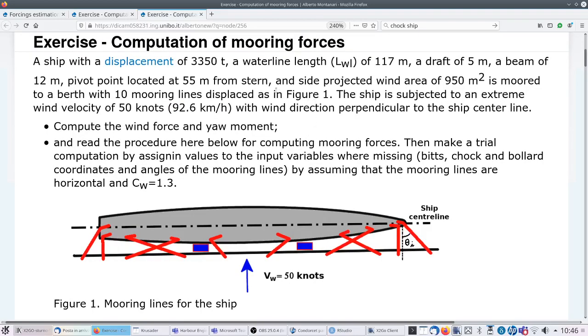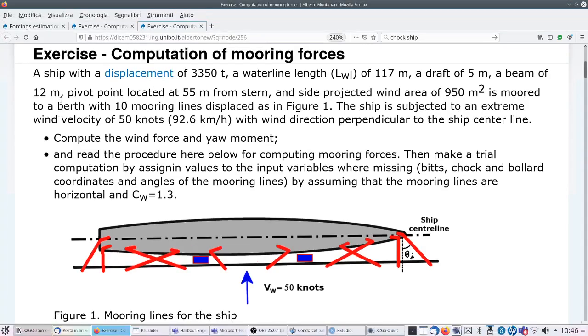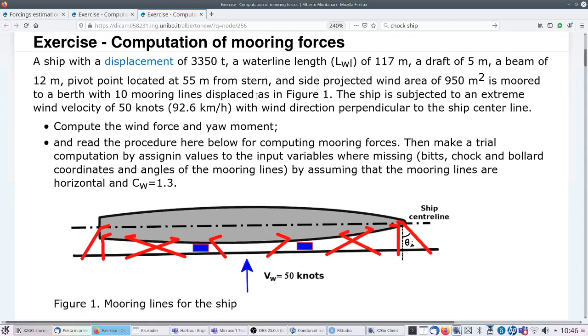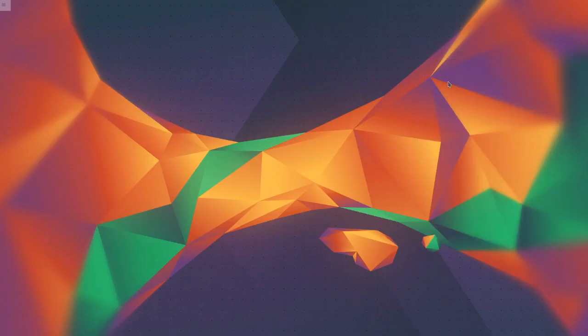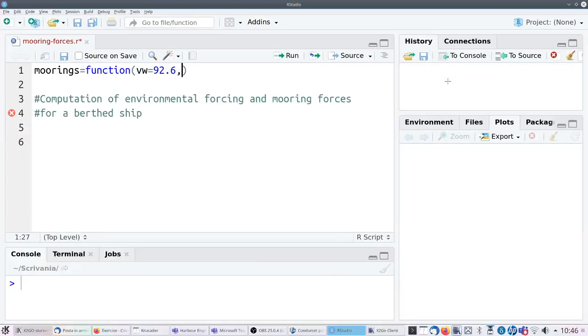Good. Now, for sure, I need the side area. So the side area is 950 square meters. Let me go back to here, and I can call it side area in order not to make confusion.